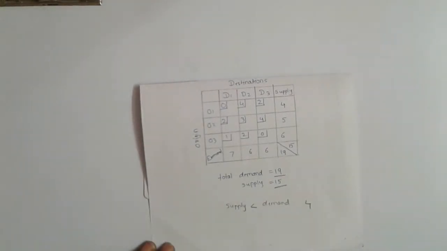Let us see another example by northwest corner method. Here the total demand is equal to 19 units and the total supply is 15 units. That means the supply is less than demand by 4 units. So we add a dummy row having 0 transportation cost and supply as 4 units.